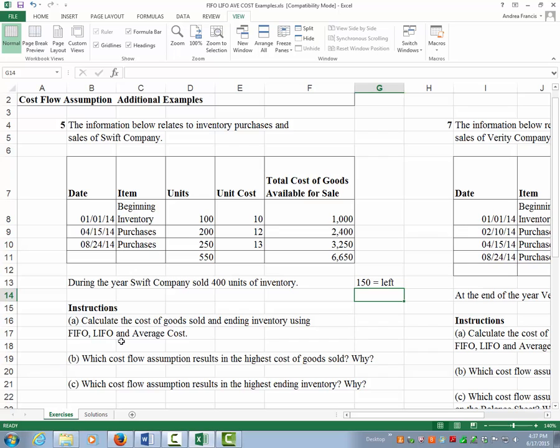Whereas with LIFO, if we sold 400 units, we assume that the last unit in, which means to be bought, is the first unit out, which means to be sold. So under LIFO, we would assume that the 250 units on August 24th were the ones that were sold first. Under average cost, we have a totally different approach, and I'll demonstrate that for you later on. So let's begin with FIFO.